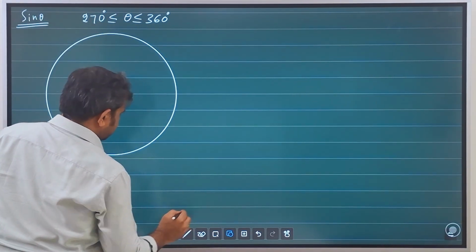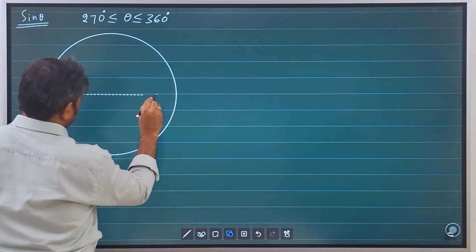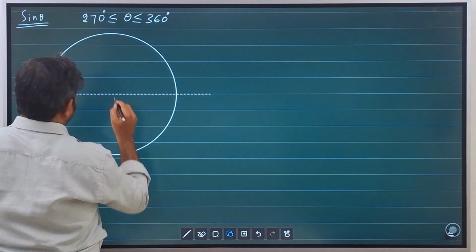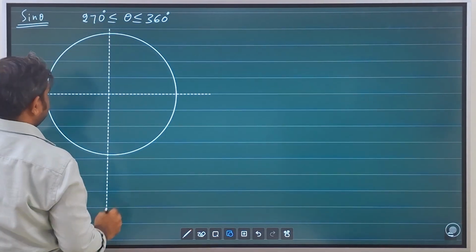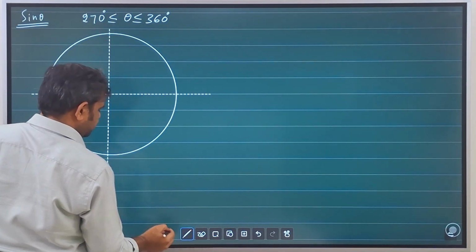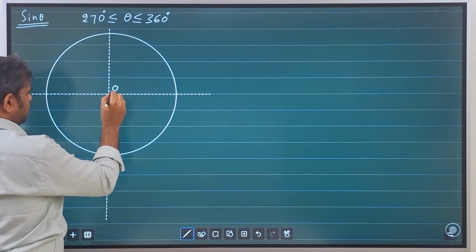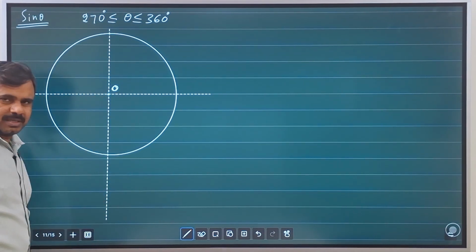Let's also draw x and y axis passing through center of the circle. Origin is at center of the circle. Center of the circle is at O.